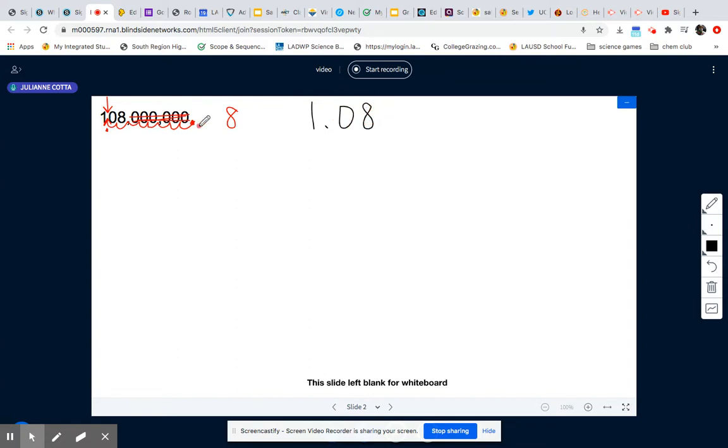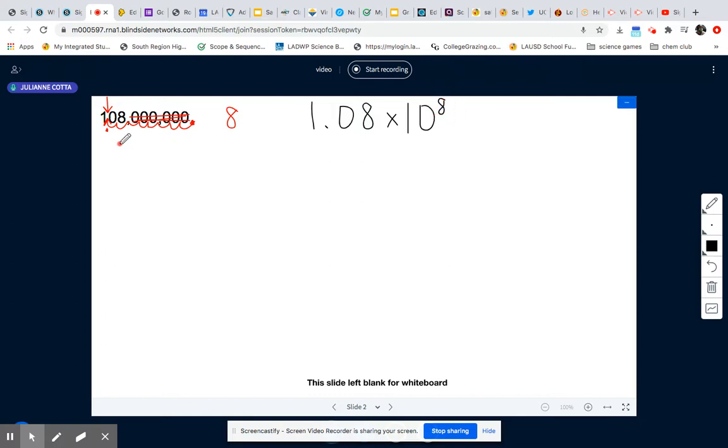Your scientific notation exactly matches up with which numbers are significant. Times, always times 10, a power of 10, because that's what our number system is based on. And then we moved 8 spaces. Now, if we look at this number originally, it was 108 million. That number is a big number, and so it gets a positive exponent. Remember, large numbers have a positive exponent, so it's a positive 8.